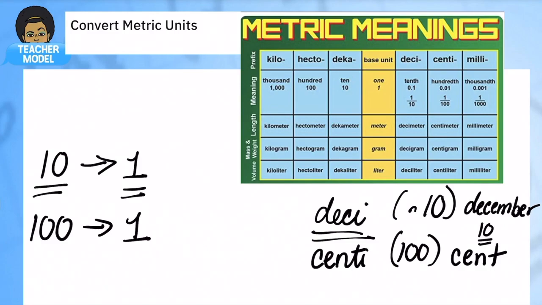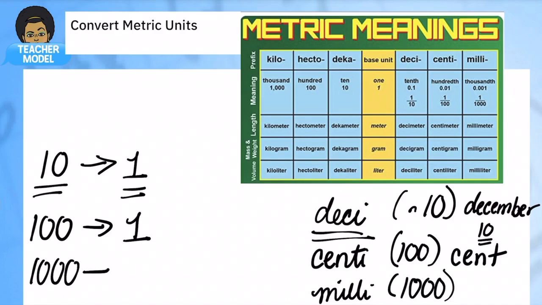And then the last one, milli, or in Spanish, mil, which is 1,000. So you've probably seen a millipede, where it looks like it has 1,000 legs. So mil just means 1,000. So 1,000 in 1. So we're going to use this to do some conversions.